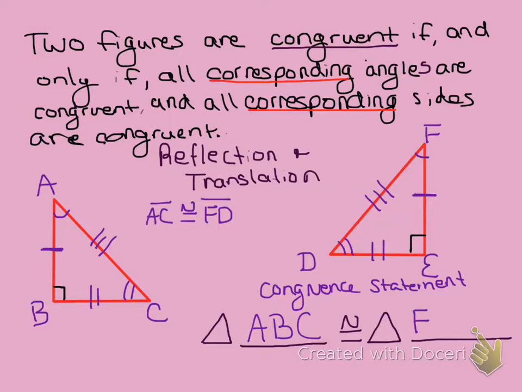Angle B corresponds to angle D, so we put it second. And angle E corresponds to angle B, so we put E last. And that's a congruence statement to ensure that you are correctly saying that the triangles are congruent. If any of these are out of order, then the congruence statement is incorrect.